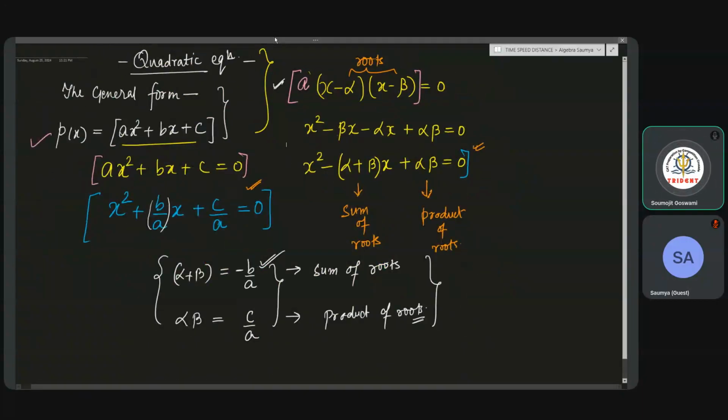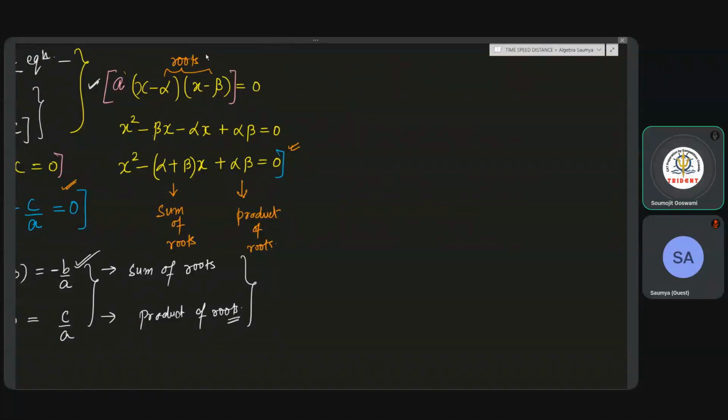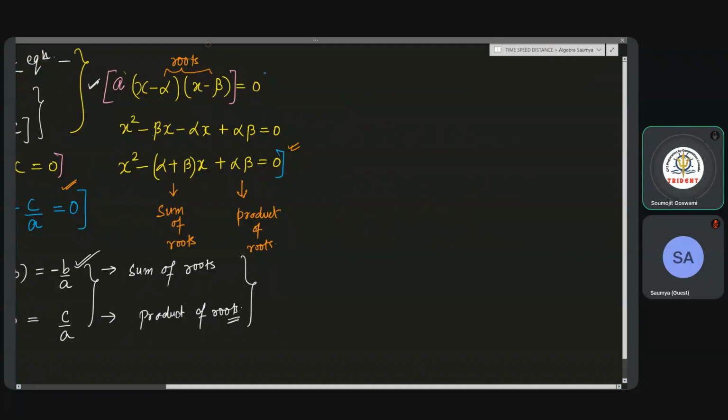So I'm zooming out a little bit, and obviously because this is a OneNote, I have the benefit of doing all these things. So let's understand one thing. Now I am taking a proper function f of x, as let's say some random function, x squared minus 3x plus 2.